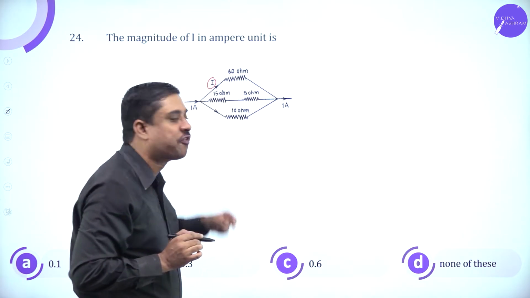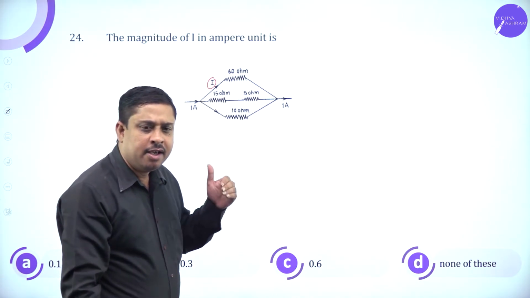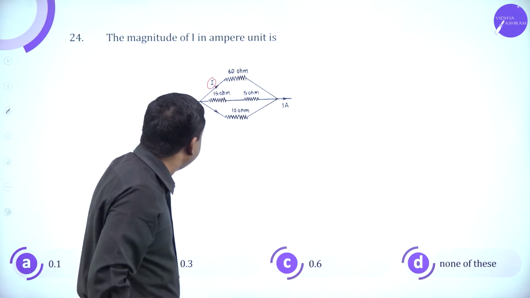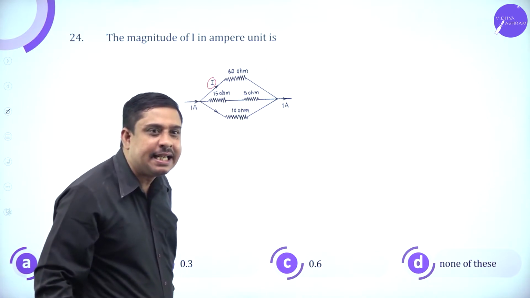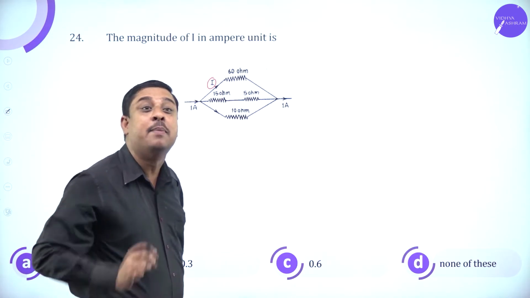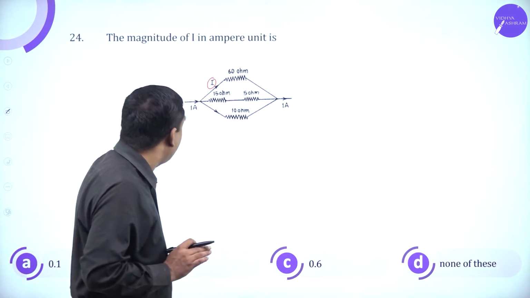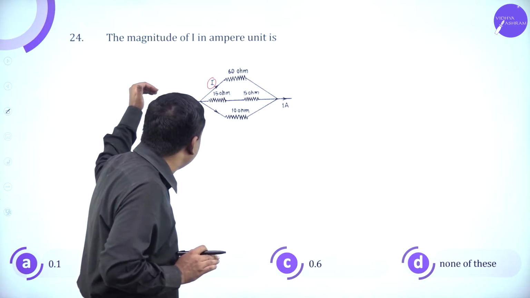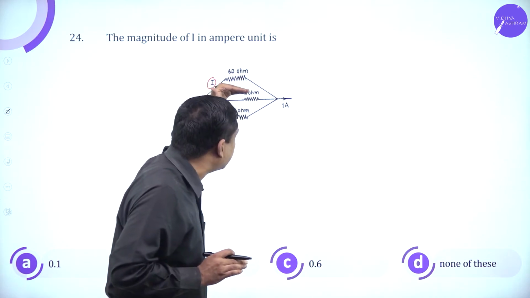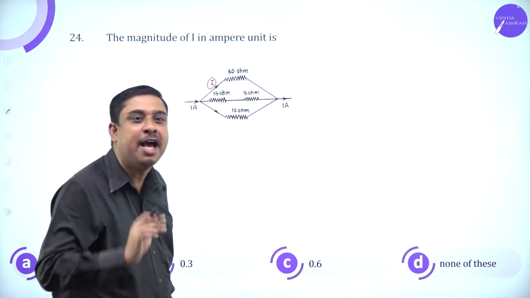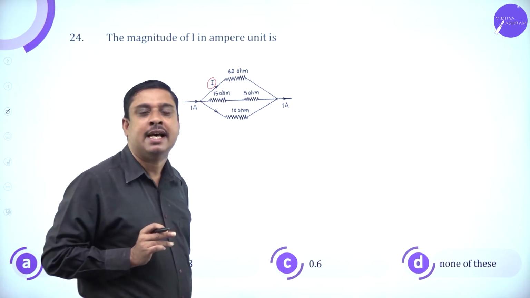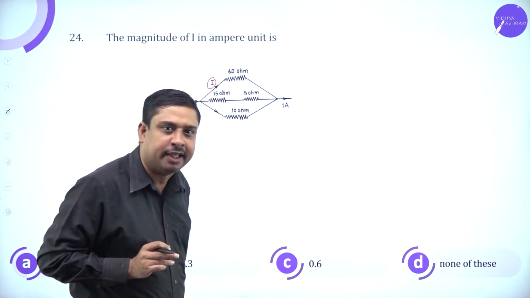The value of this I. If you clearly observe the circuit, 1 ampere current is entering the circuit and 1 ampere current is coming out of the circuit. ಅಲ್ವಾ? 1 ampere circuit enter ಆಗ್ತಿದೆ, 1 ampere circuit ಅಲ್ಲಿ ಹೊರಗಡೆ ಬರ್ತಿದೆ. So the main current that flows through the circuit is 1 ampere.